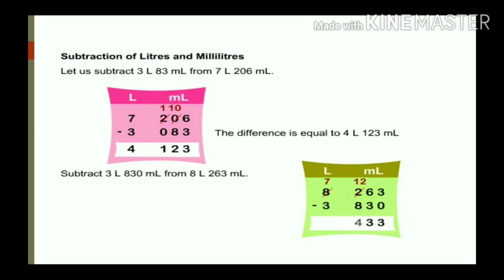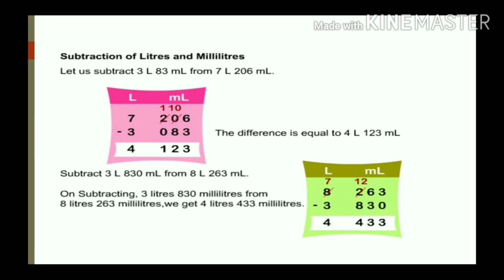After subtracting, you will get 433. Now we have to subtract liter column. So after subtracting 7 minus 3, you will get 4.